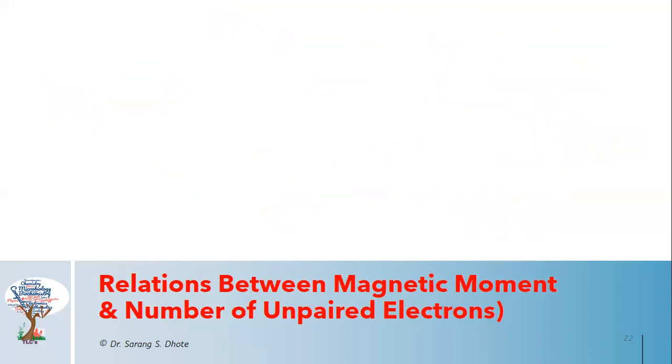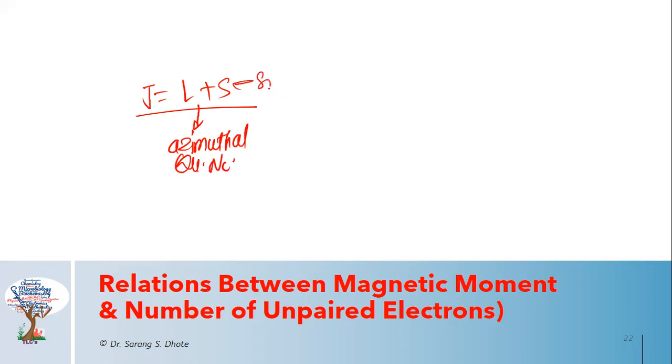Next, the relation between the magnetic moment and the number of unpaired electrons. The formula for this is J equals L plus S, where L is the azimuthal component and S is the spin quantum number. J relates to the magnetic moment.